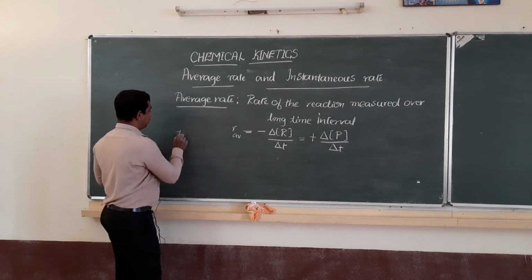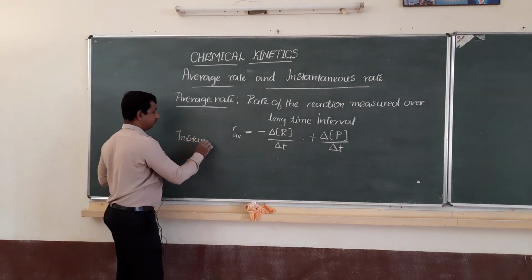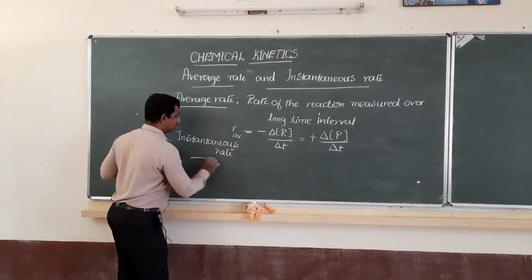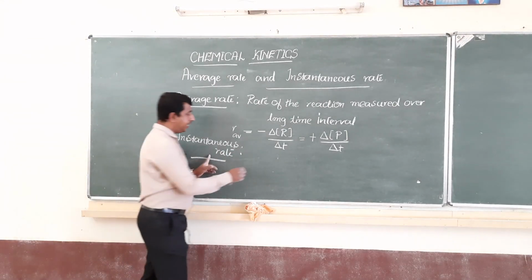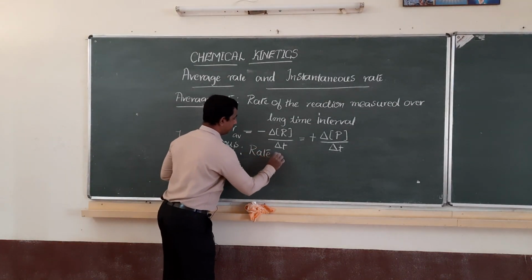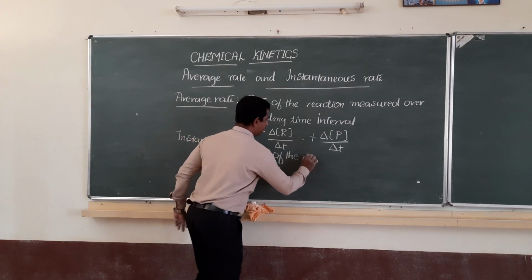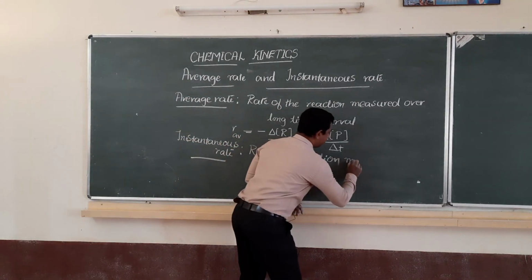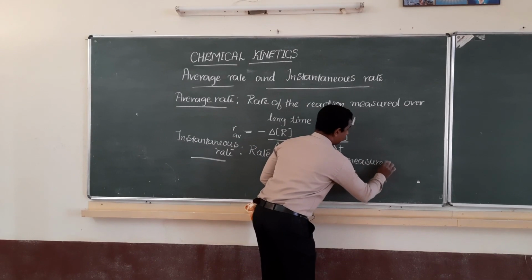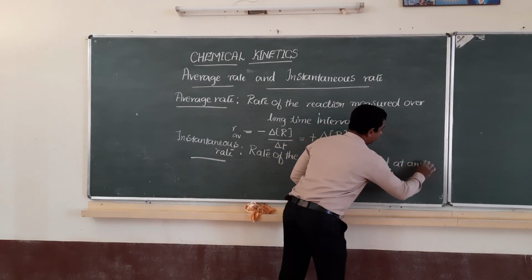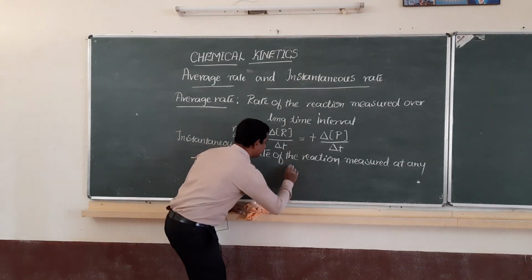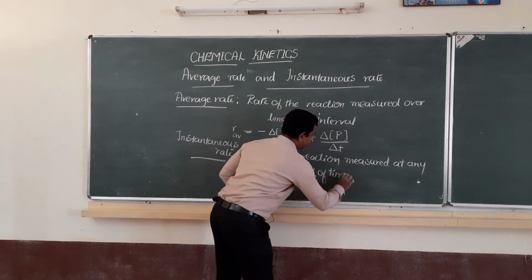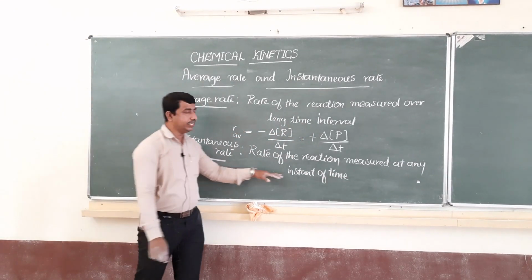Now instantaneous rate means what? Definition of instantaneous rate: rate of the reaction measured at any instant of time.